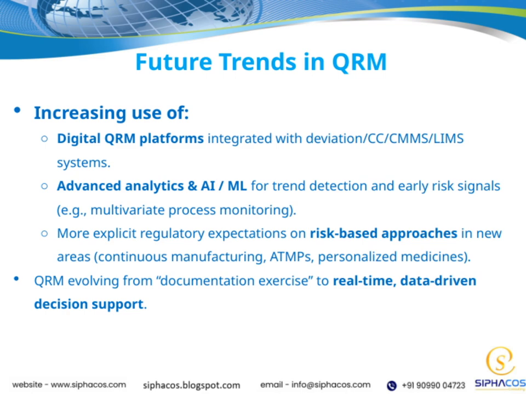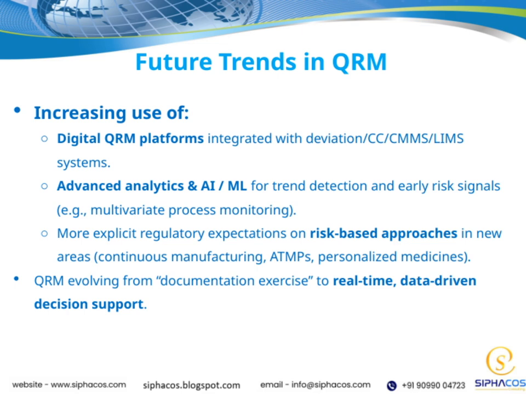This integration enhances our ability to identify and address risks more efficiently. Additionally, advanced analytics, artificial intelligence, and machine learning are becoming key tools for trend detection. They help us spot early risk signals through techniques like multivariate process monitoring, allowing for proactive decision-making before issues escalate.